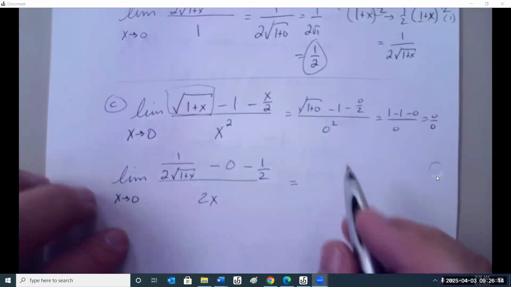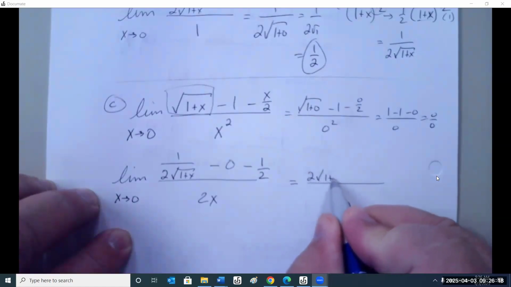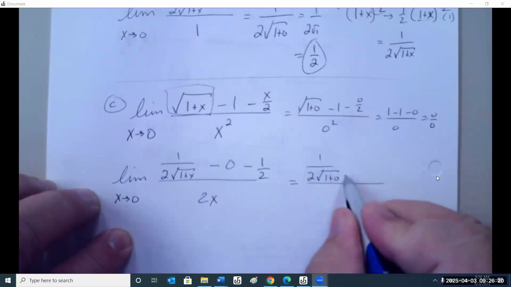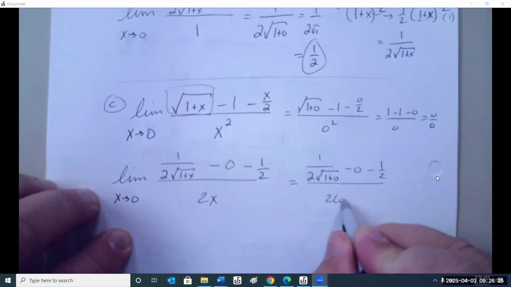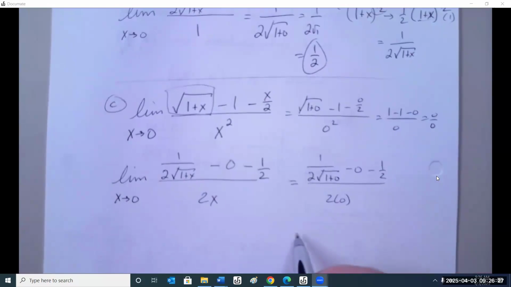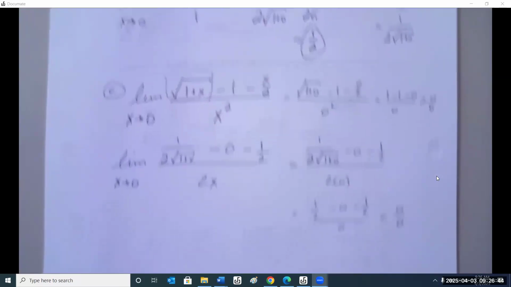Plug in 0. 1 over 2 square root of 1 plus 0 minus 1/2 over 2 times 0. So it's 1 over 2 minus 1/2 over 0. It's 0 over 0. So guess what? We got to do it again.